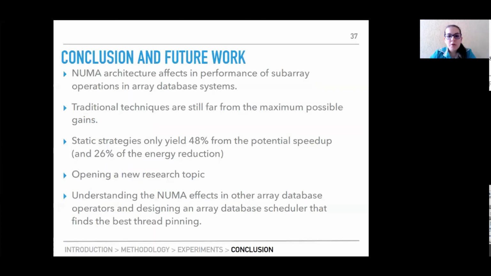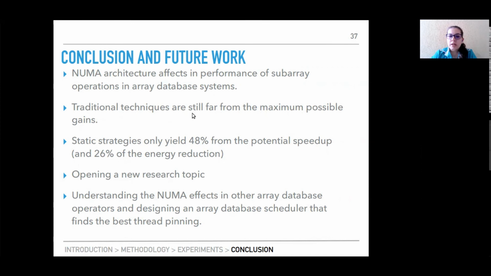Finally, we confirm our hypothesis that thread pinning in the new architecture affects the array operation performance. Traditional techniques are still far from the maximum possible gains, and static strategies only achieve 48% of the potential speedup and 26% of the energy saving.